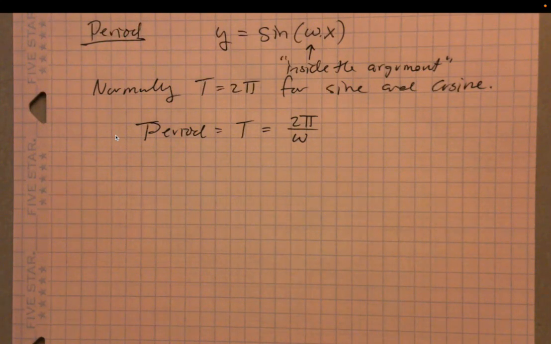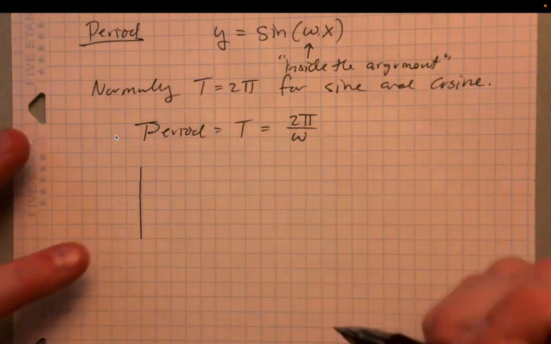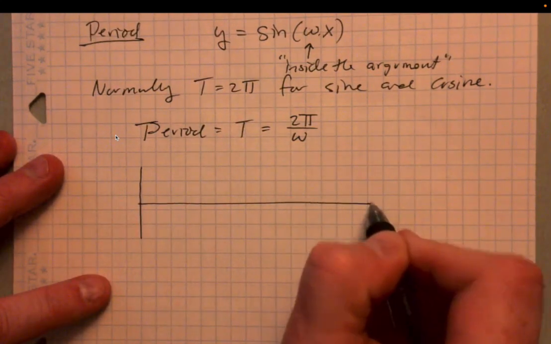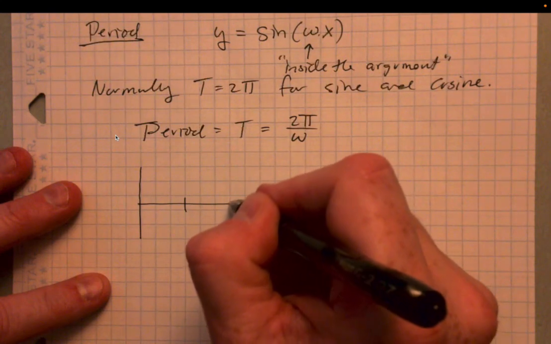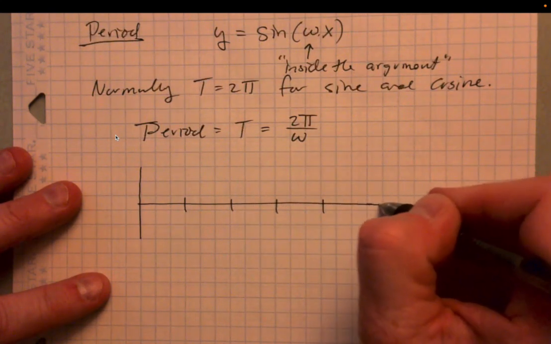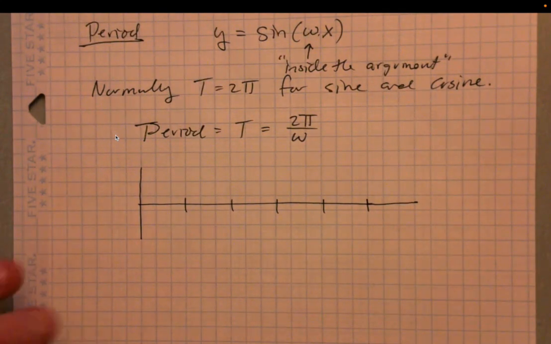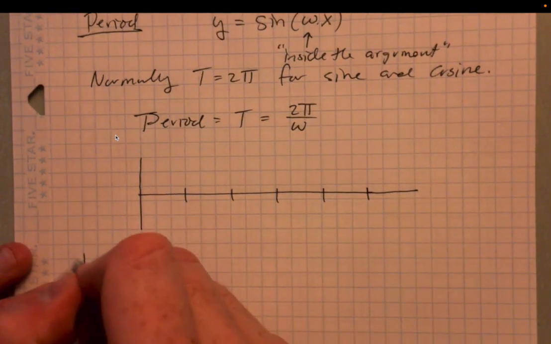Okay, now what does the period tell you about the graph? This is how we could figure out what the period is, but what does it actually tell you? Well, it gives you some indication about how much the graph is stretched, but this time it's how much it's stretched horizontally.